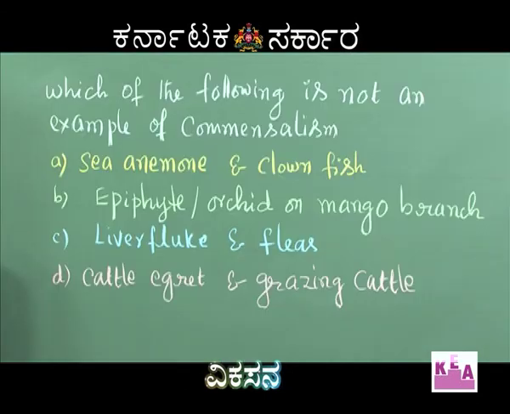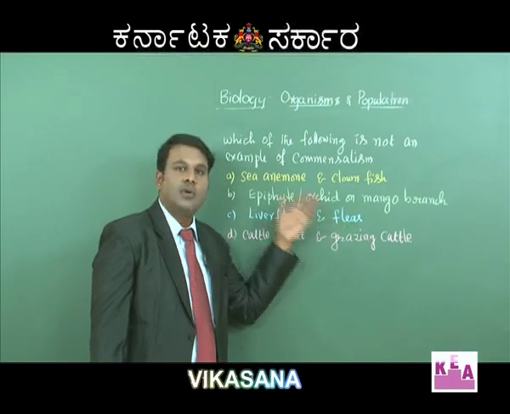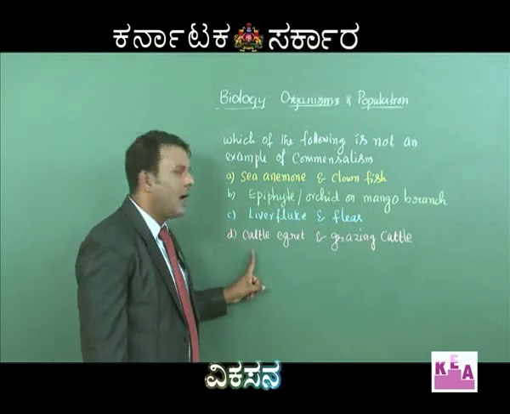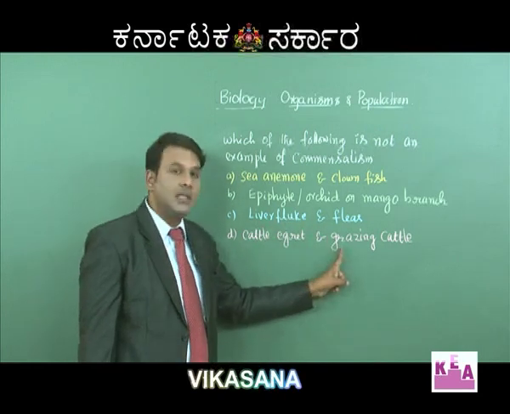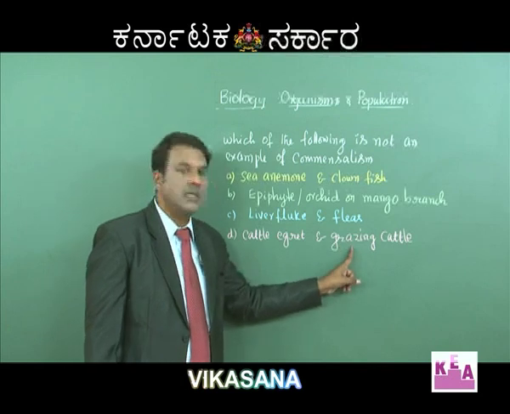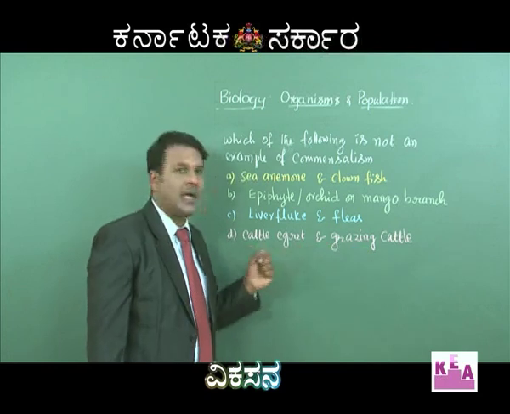Liver fluke and the fleas. The liver fluke is an endoparasite, fleas are ectoparasites. These two do not have any interaction at all. And the cattle egret and grazing cattle: the cattle egret gets the benefit from the grazing cattle for the insects, but the grazing cattle neither get any benefit nor are harmed by the cattle egret.